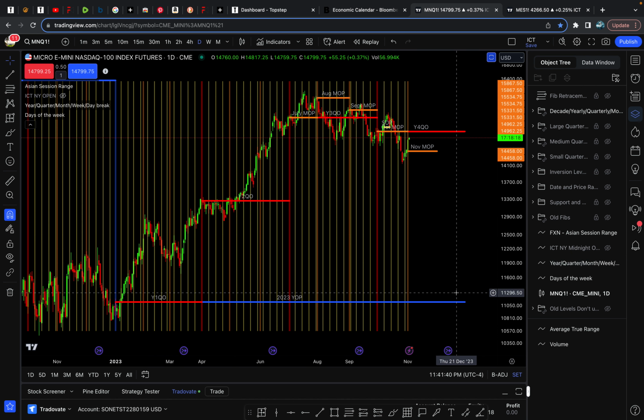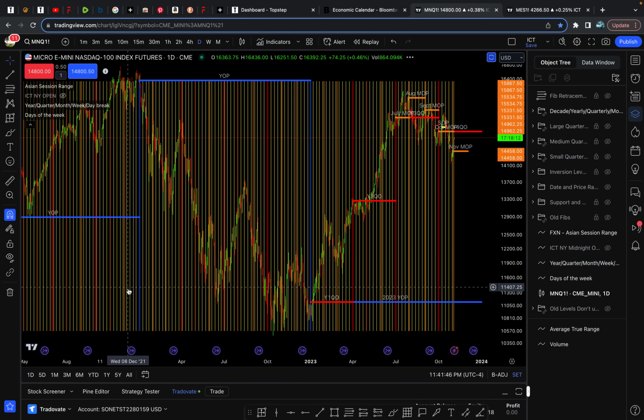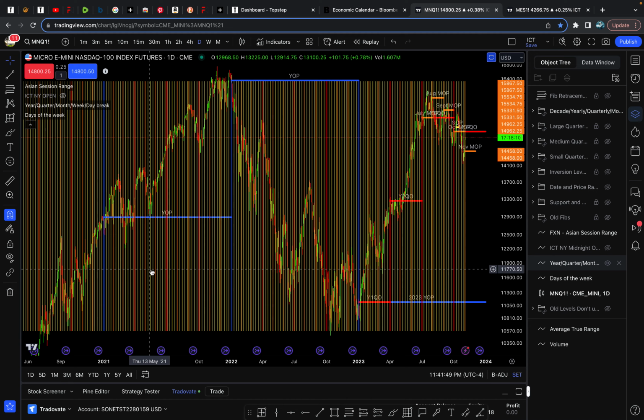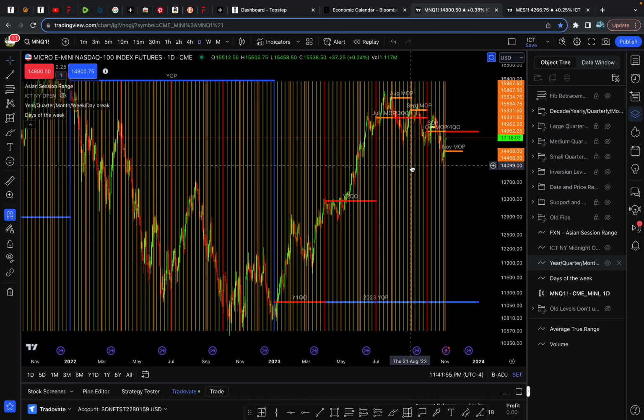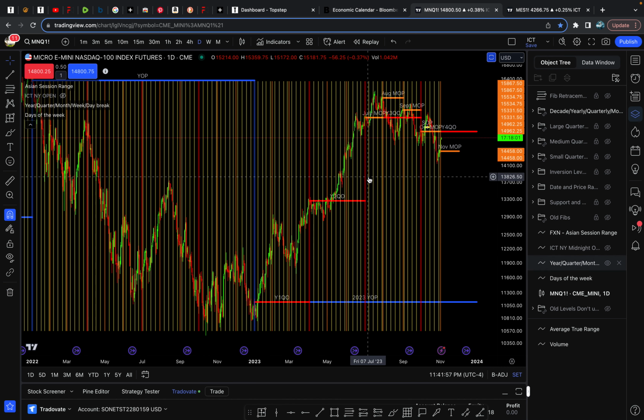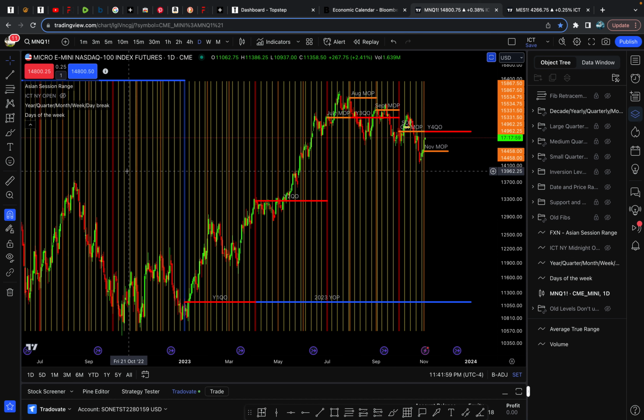So, the yearly open price, and just a really unbelievable year, just a magnanimous year. Now, we didn't make a new high this year. I'm not going to pretend to know.